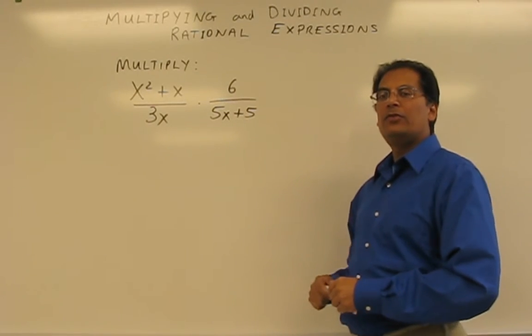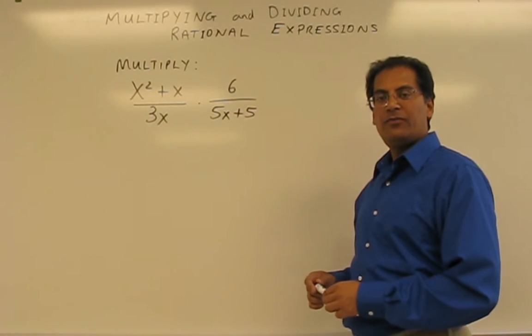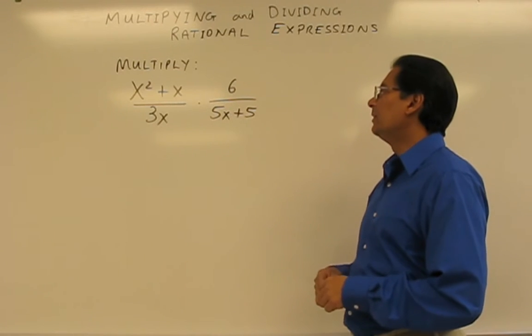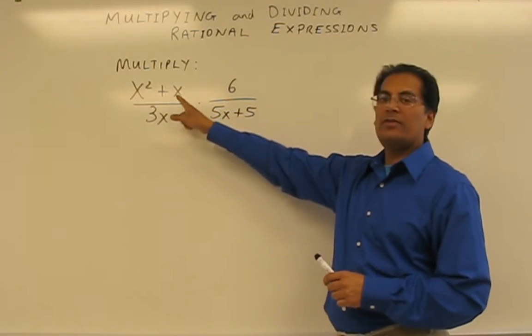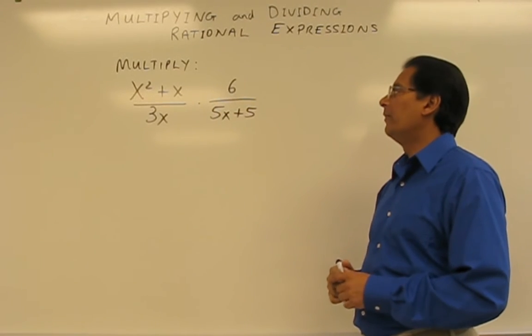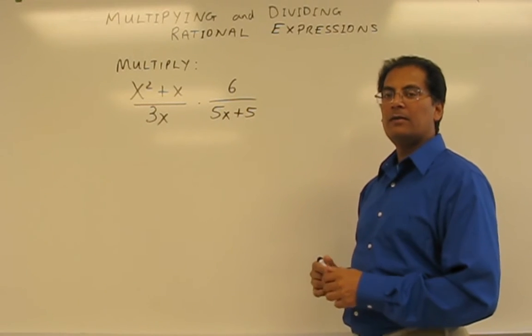Now sometimes you have to do a little bit more factoring ahead of time before you multiply, as the first step said. So here we want to multiply these two expressions, x squared plus x divided by 3x times 6 divided by 5x plus 5. So I look at this and I say, well, maybe I can factor things out of the top and out of the bottom.